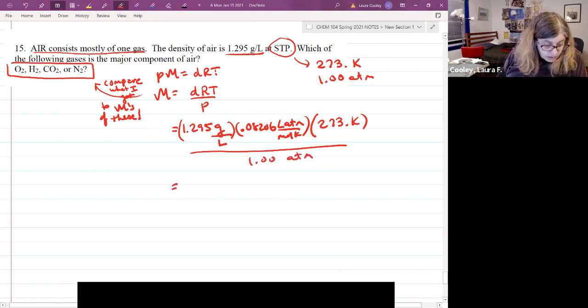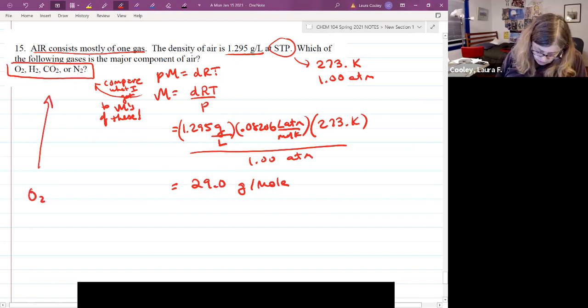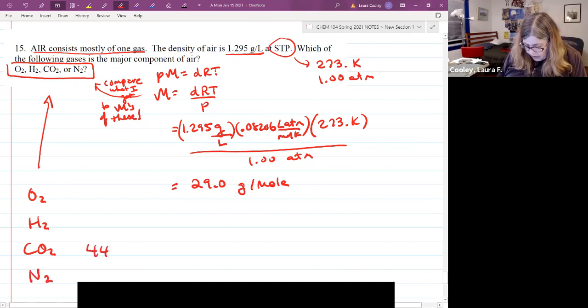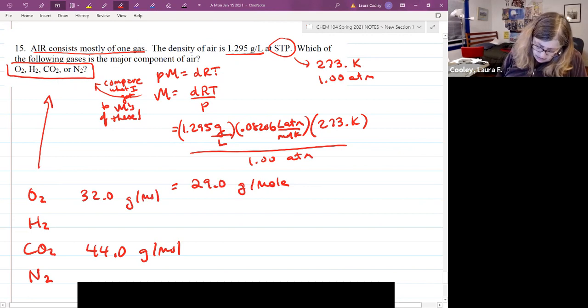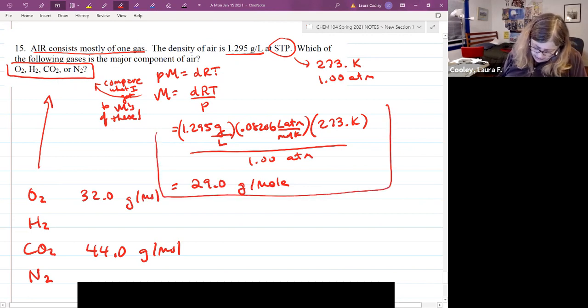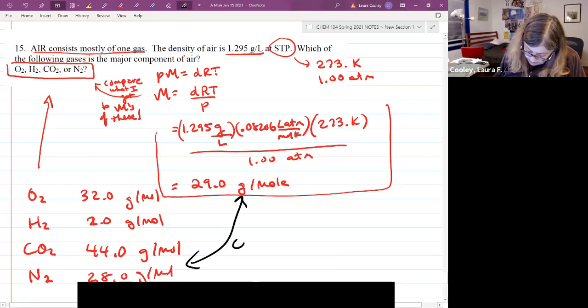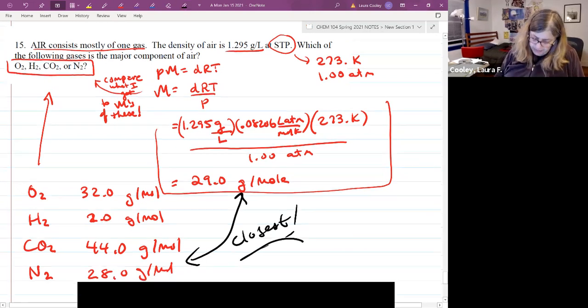And so when I do this math, it comes out to 29. Then when I look at these molecules here, O2, H2, CO2, N2: CO2 we already know has 44 grams per mole. O2 has 2 oxygens, 32. H2 is 2, and N2 is 28. So you can see very clearly that N2 is the closest.